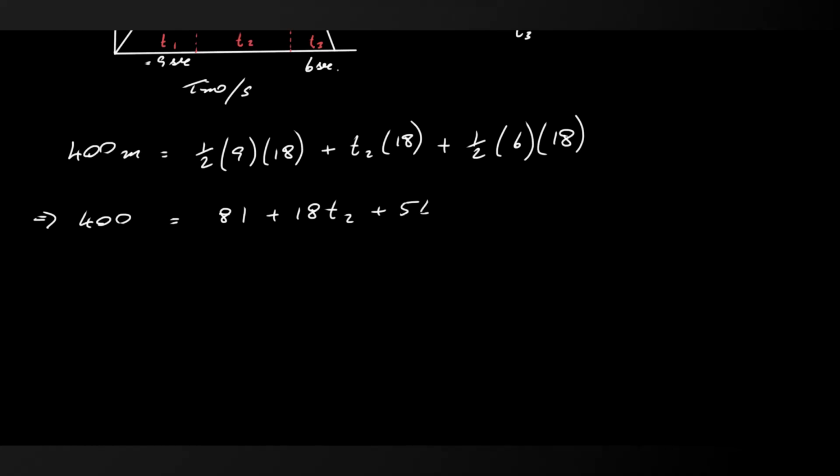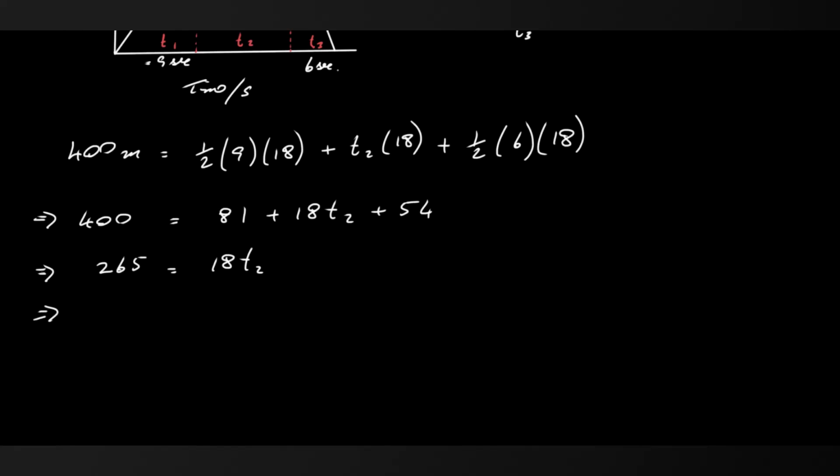That's 54. Let's just bring everything over to the left hand side except the 18t2, and we get 265. And then finally just divide by 18. That'll give us our t2 as 265 over 18, and that's seconds.